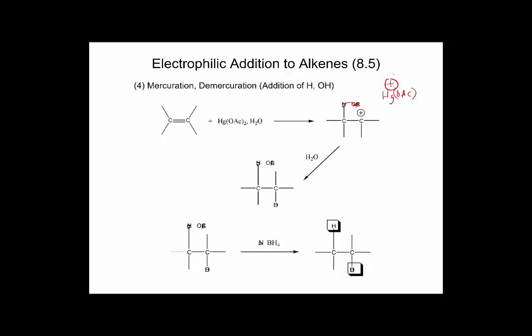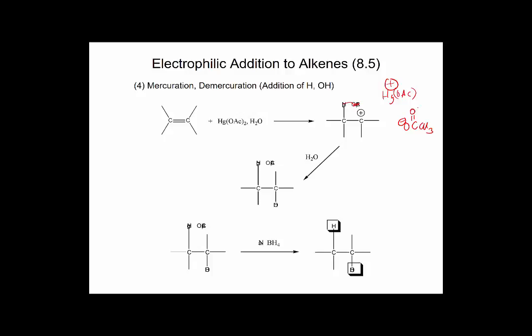I probably drew this in the video, but an acetate is a deprotonated acetic acid. That's what the OAc stands for. So I've got an Hg2 plus with two counterions, I lose a counterion, and I make an Hg plus.